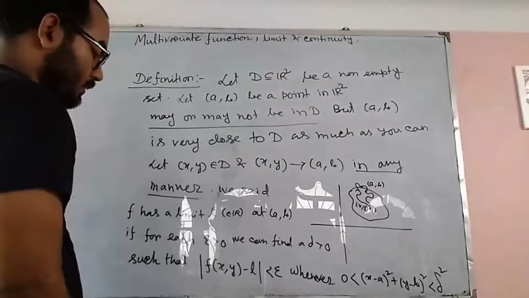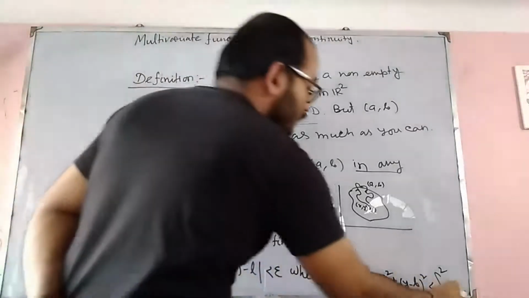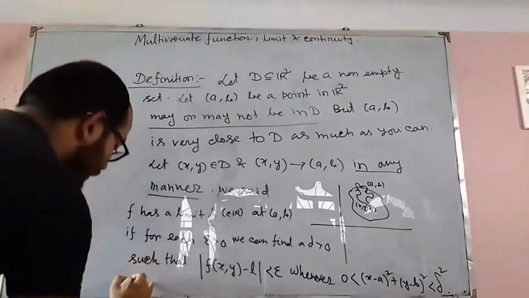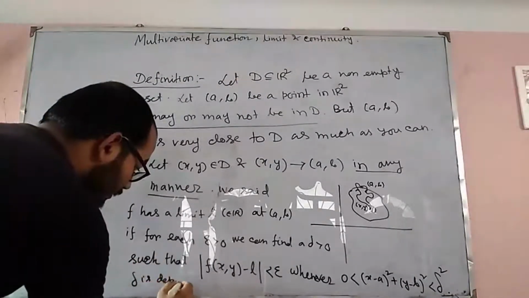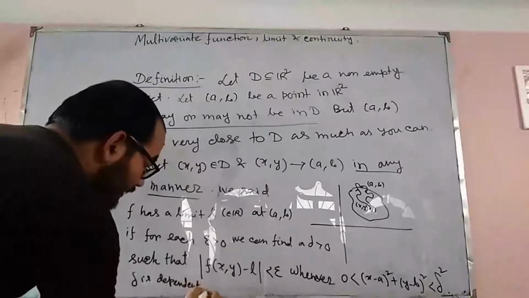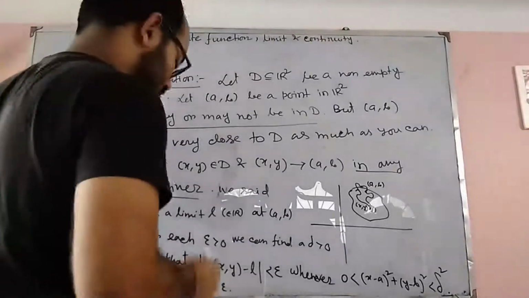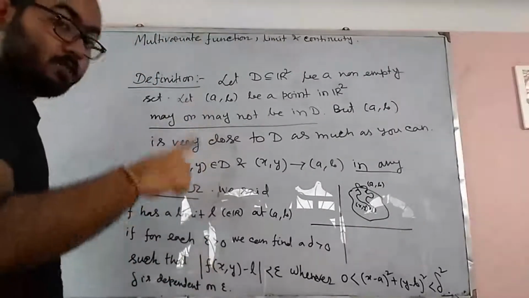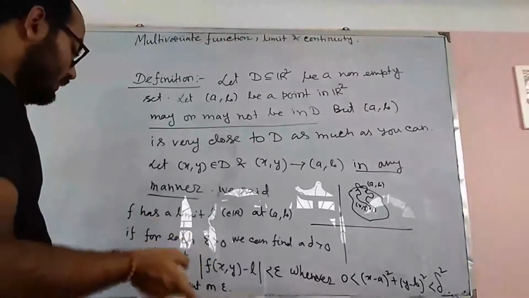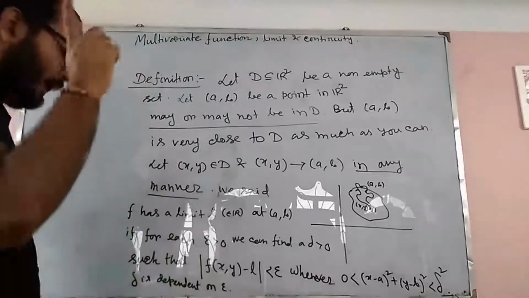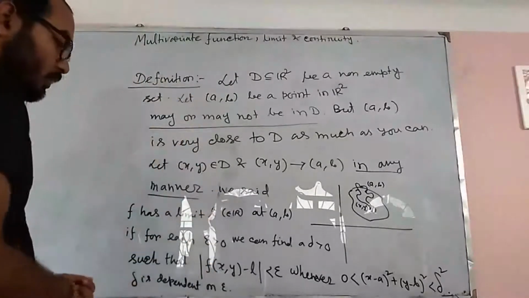Mind it, this delta is dependent on epsilon. At first we choose epsilon, then we can find delta, and that delta is entirely dependent on epsilon.